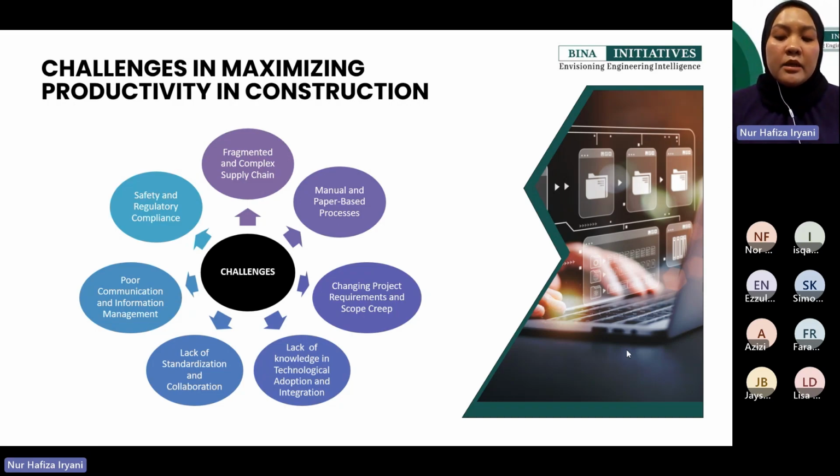To ensure compliance, implementing safety measures and managing permits, inspection, incident and so on can be very time consuming if you don't have a platform where everybody can communicate with each other specifically for those things or incidents. And this will impact the productivity if it is not managed effectively.